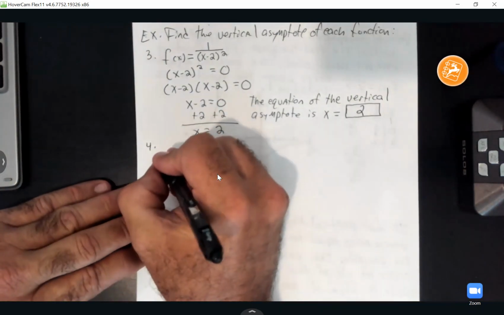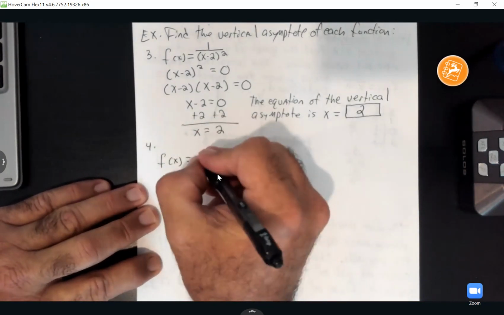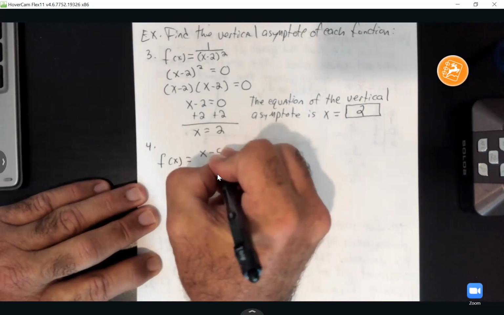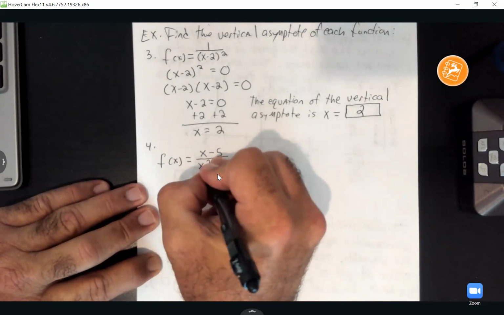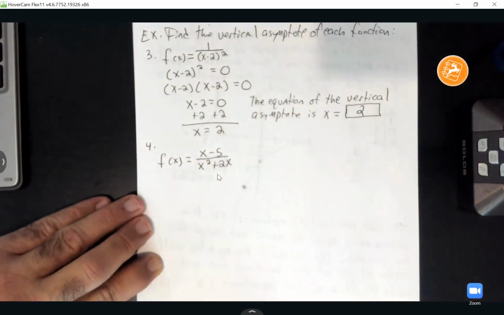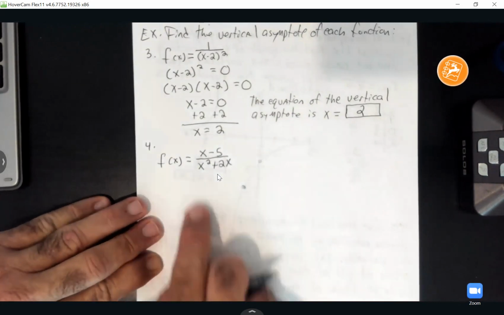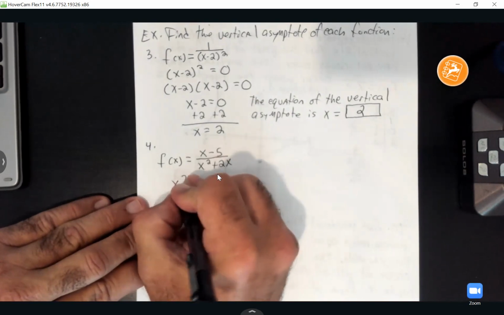All right, same thing. F of x equals x minus 5 over x squared plus 2x. So take the bottom, set it equal to 0.